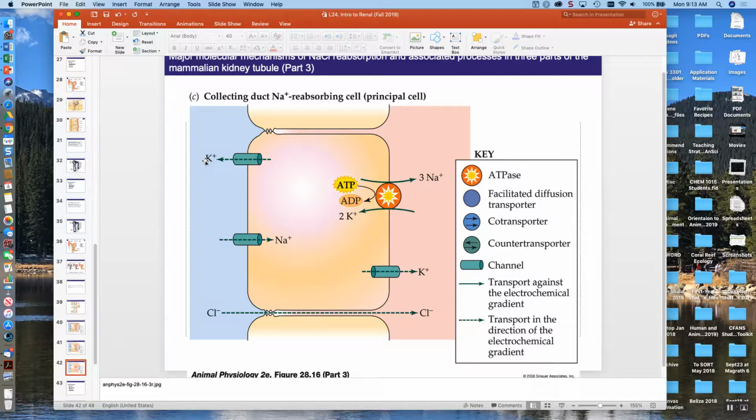It triggers the release of aldosterone, so you get more sodium chloride reabsorption, but you also get enhanced potassium secretion because you have to get rid of that excess potassium in your blood. Why? High potassium extracellularly can disrupt neurons and, more importantly, could stop your heart and cause arrhythmias. So your body tightly regulates potassium.